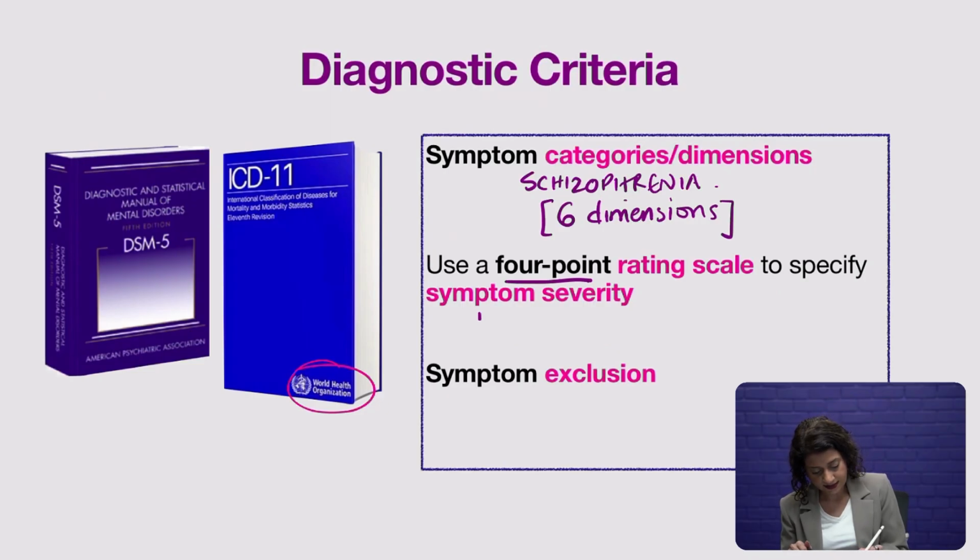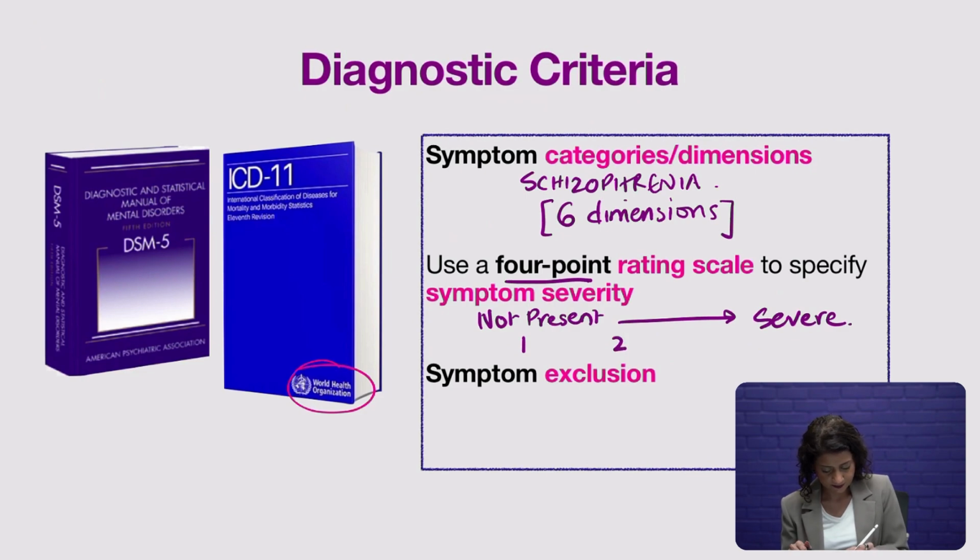That 4-point scale goes from not present all the way to severe. Right? So you've got not present, mildly present, moderate, and severe.